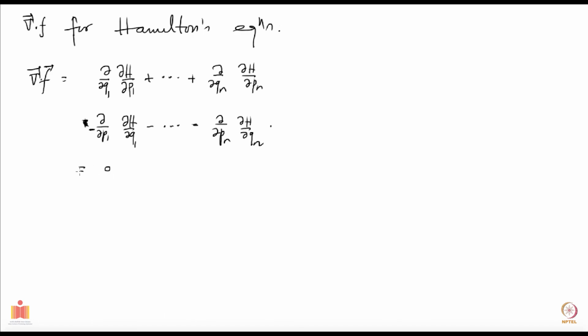So indeed, for our Hamilton's equations, we have divergence equal to 0, which means that whatever volume you take in the phase space, it's going to evolve with time in such a manner that this time derivative is 0, meaning the volume is going to remain unchanged with time.